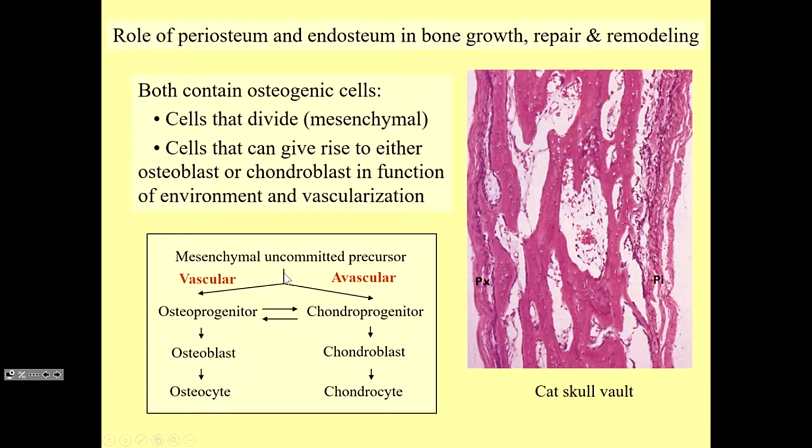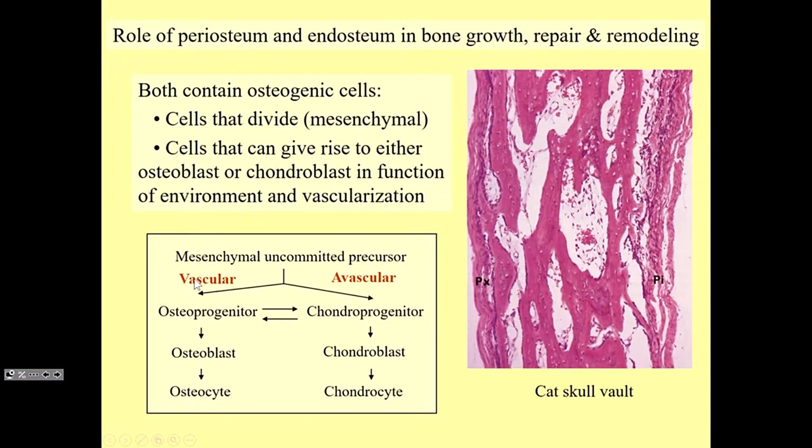So you'll recall cartilage lacks blood vessels, right? So if you do not have any blood vessels in the area where you are remodeling bone, the mesenchymal progenitor cells will differentiate into the cartilage pathway and form chondroblasts and chondrocytes to form cartilage.